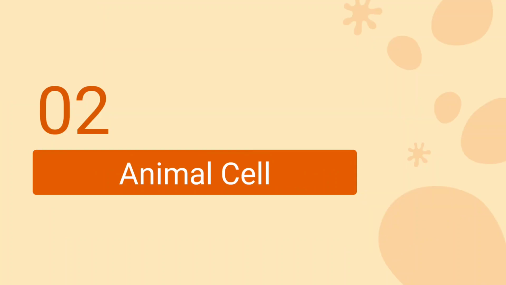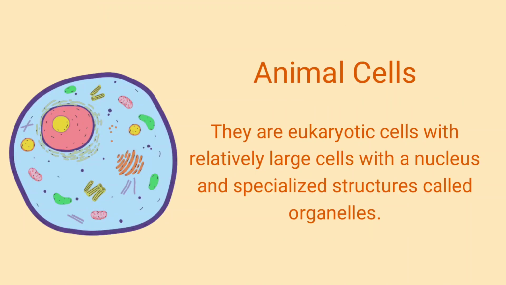Next, animal cell. Animal cells are eukaryotic cells. Eukaryotic cells means the cells which have a definite nucleus. As shown in the adjacent image of an animal cell, we can see the nucleus. So in animal cells, the nucleus is well defined.